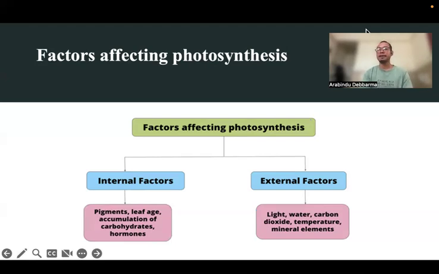Another is the age of the leaf. As I have already told, young leaves will produce more photosynthesis because they are more green in color. And accumulation of carbohydrate, a larger amount of carbohydrate inside the plant, may sometimes lead to less photosynthetic activity. And also the hormones.